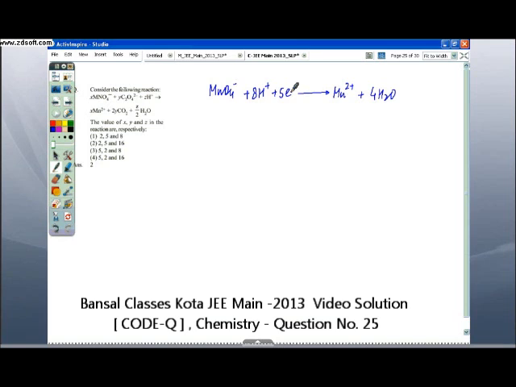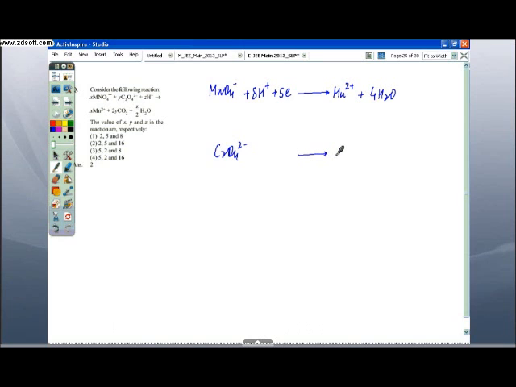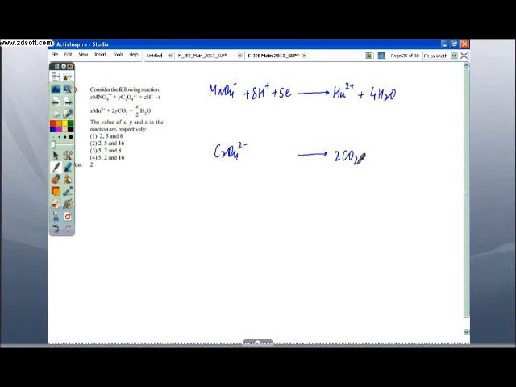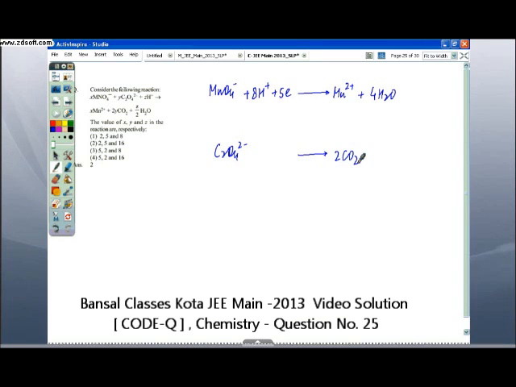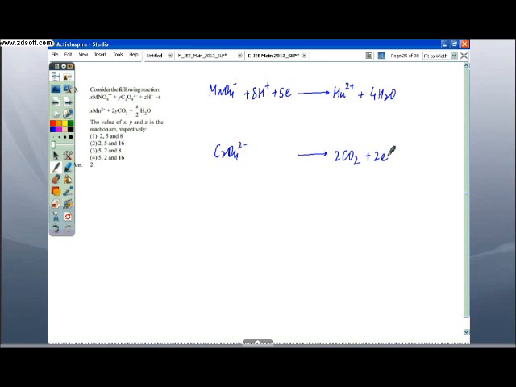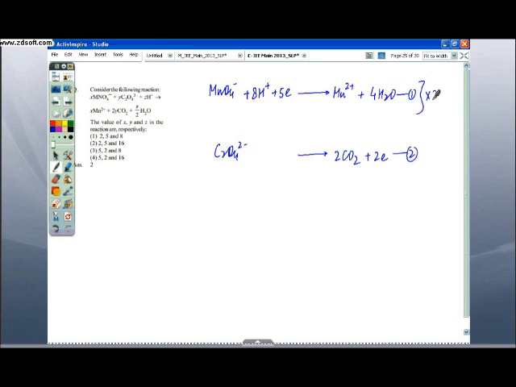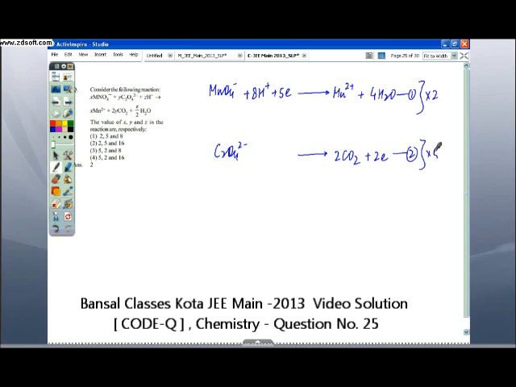This is reduction. Now oxidation of C2O4 2 minus. So C2O4 2 minus gives 2 CO2. Carbon is balanced, oxygen is also balanced. So balance charge by adding 2 electrons. Now multiply this by 2 and this by 5.